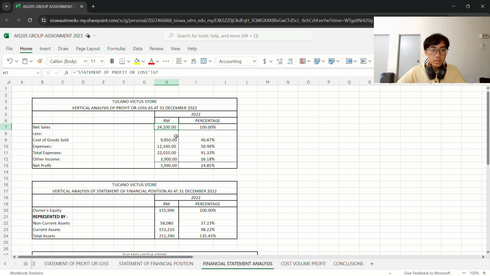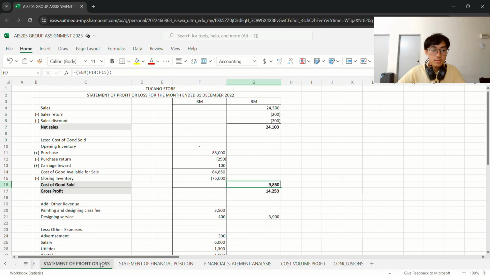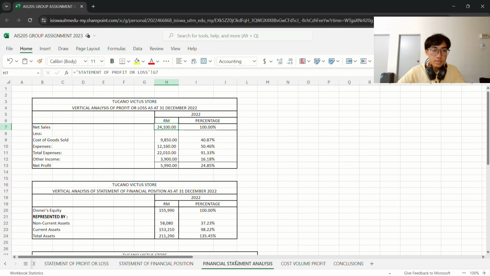The easy way we can do this is we just write equal and then go to the statement of profit or loss and then go to the G7 cell and then we click enter. After that, the amount will automatically appear in your cell.